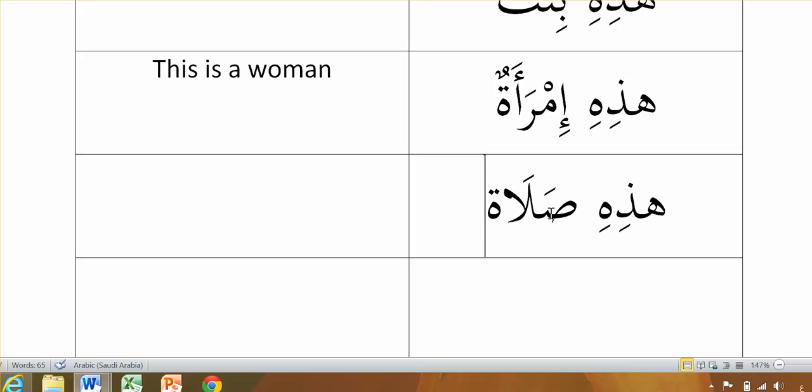This is a salah, or this is a prayer. The way we pray.